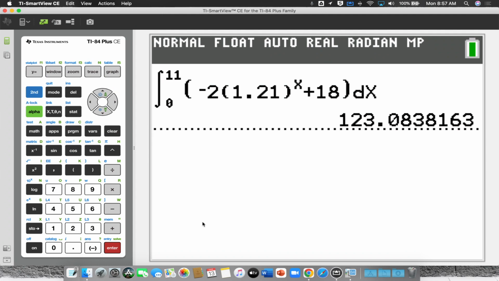That's total amount pumped into the tank over the 11 minutes.